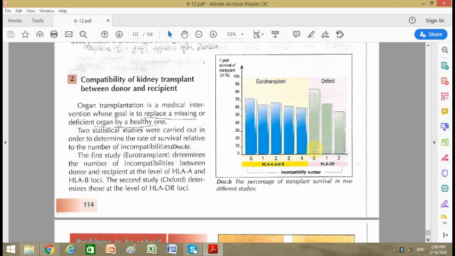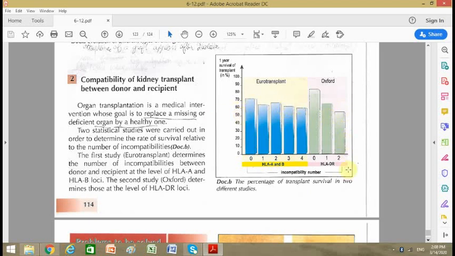I'm only considering the DR. And if there's one incompatibility in DR, the success directly drops to 70 or 65%. And then if there's full incompatibility, the success will be around 50 or 60%.